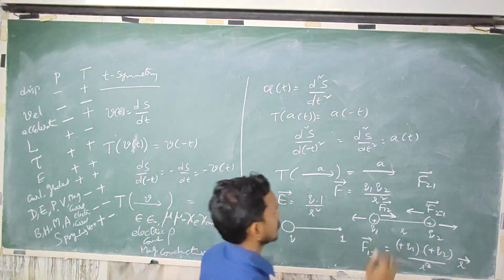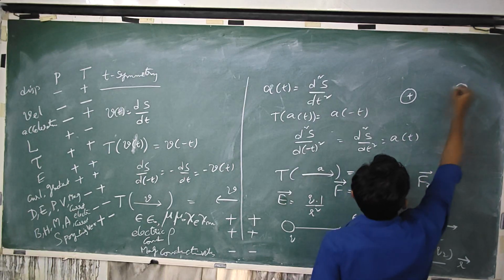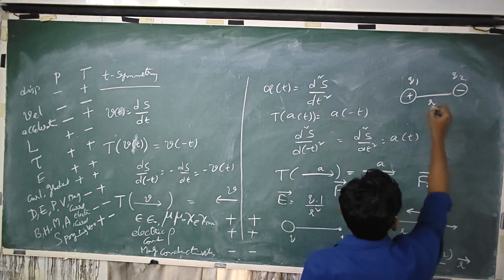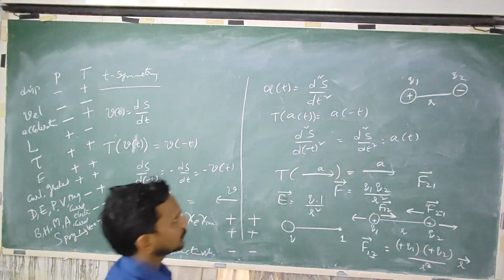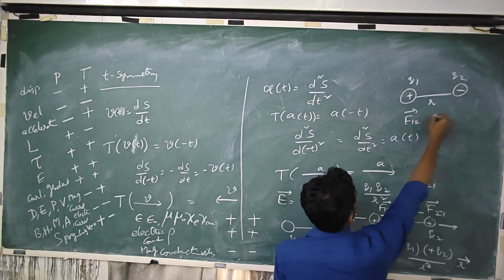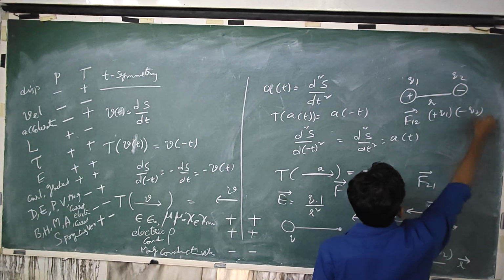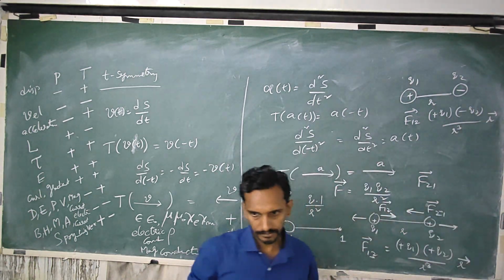So what about if you have one positive charge and one negative charge? Q1, Q2. This is radial vector. So F12 is plus Q1 multiplied by minus Q2 by R cube radial vector.